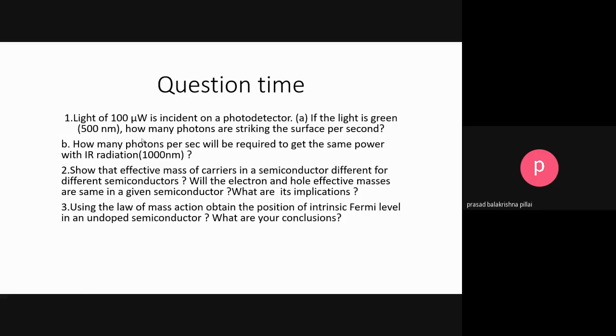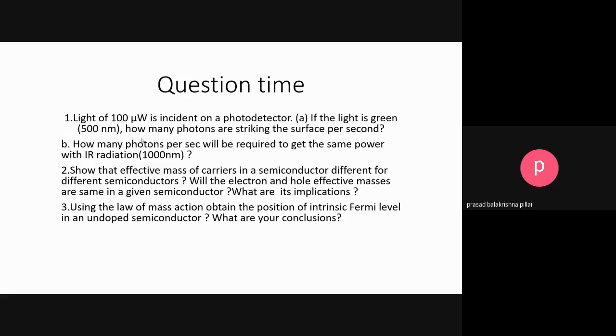So the wavelength is given. What is the velocity? Let me ask you, what is the velocity? Hc by lambda. You said that velocity can be found.